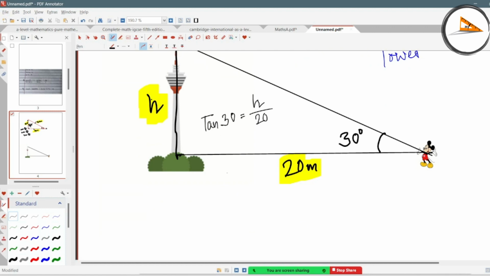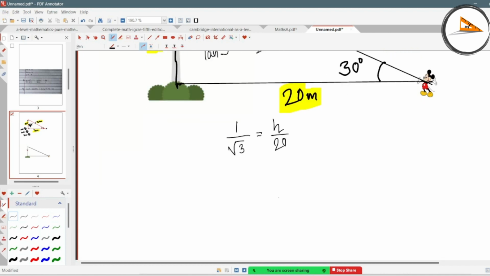When you press tan 30 on your calculator, you will get 1 over root 3, because that is the value of tan 30. 1 over root 3 is equal to h over 20, and then we can do the cross multiplication. We get h root 3 equals 20, or h equals 20 over root 3.